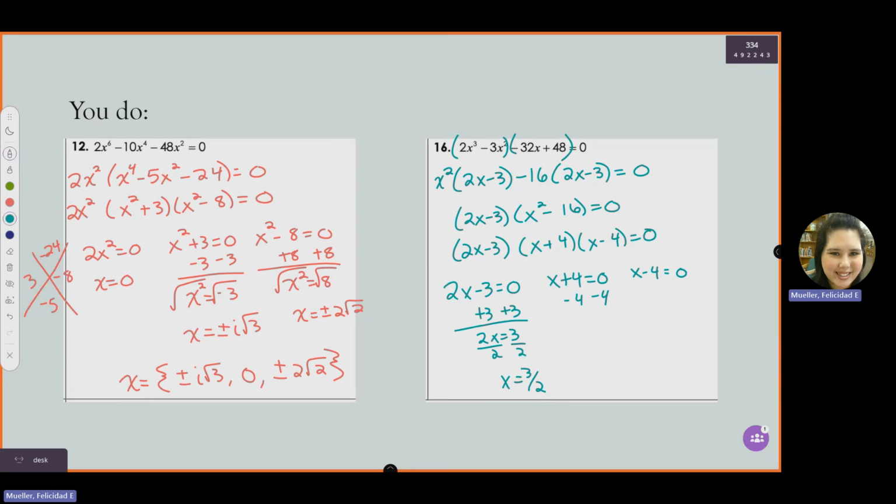Minus 4, x equals negative 4. Add 4, add 4. X equals 4. So my final answer, x is the set of 3 halves and plus or minus 4. That's a weird squiggly bracket, but it is what it is.